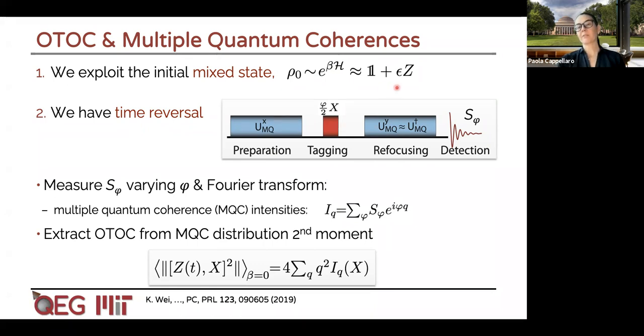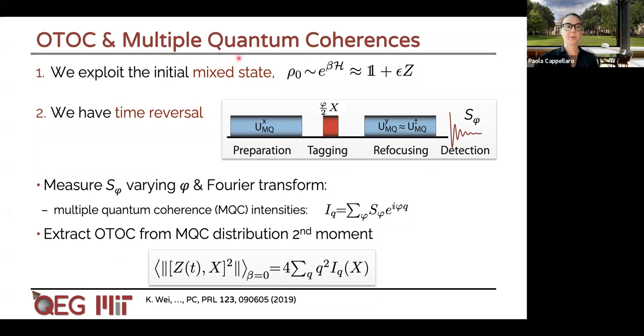So I can approximate this with just an identity matrix plus a small deviation, which is proportional to the total magnetization. The identity matrix doesn't really give rise to any signal, and so I can forget it. And my initial state is basically an observable, the magnetization itself. So in some sense, I can do all my experiments as if I were at exactly infinite temperature, and instead of having an initial state with just identity, I have an observable Z.